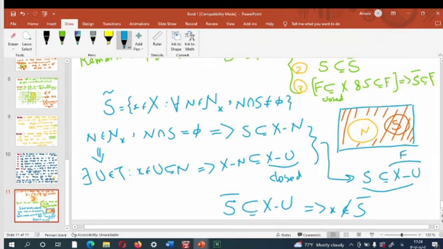So by this process we see that if x does not belong to this set, then we have this, and finally x does not belong to S bar, because there exists one N by this property.